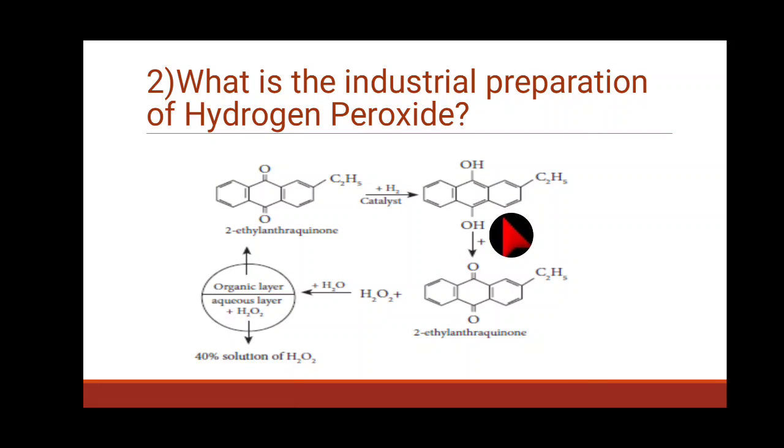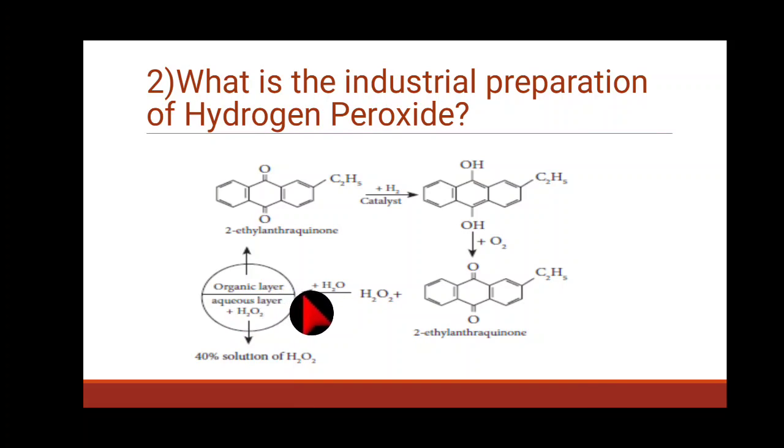The next step, when it is again converted into the quinone form, it undergoes oxidation. Finally, it produces hydrogen peroxide.